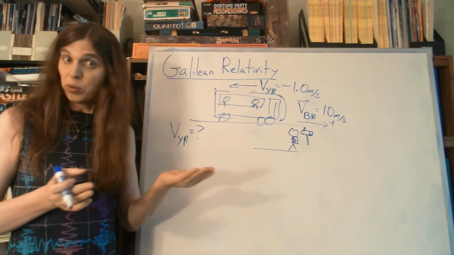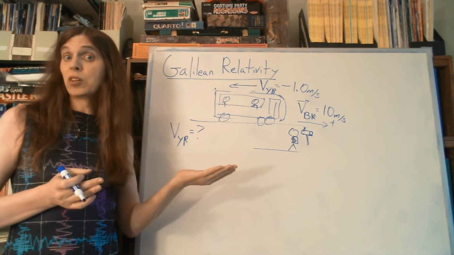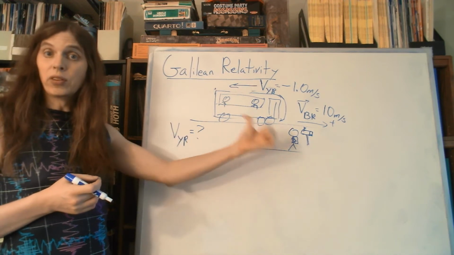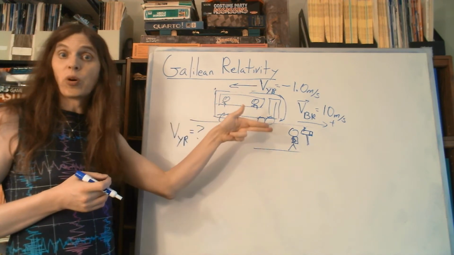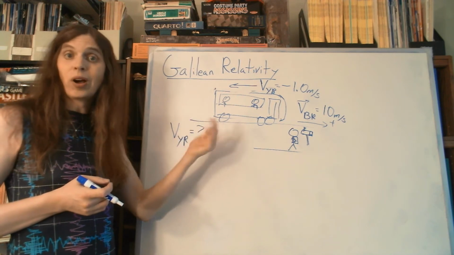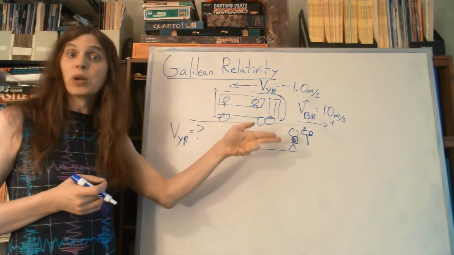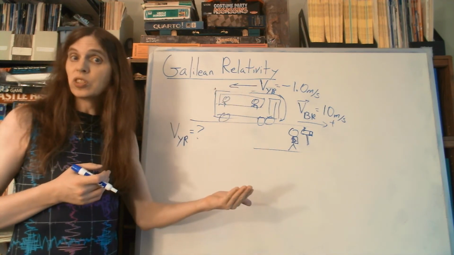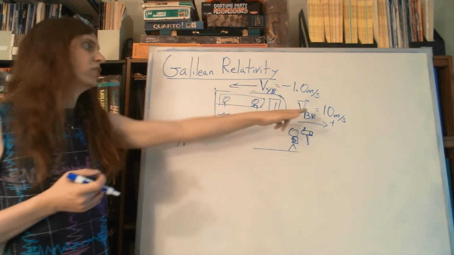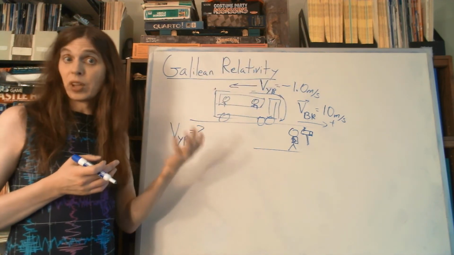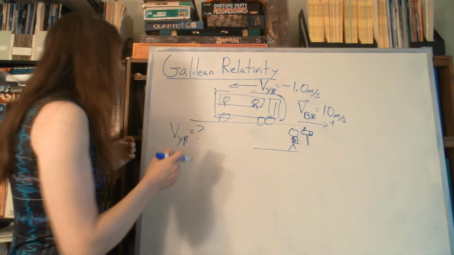And you can look at this, and perhaps you're doing it in your head and may have done it already. These motions add together. If you're going backward within the bus, but it's going forward, then you're going to wind up going at a slower speed compared to the road than the bus itself. These motions are adding together. The 10 meters per second and the -1 meter per second are adding.